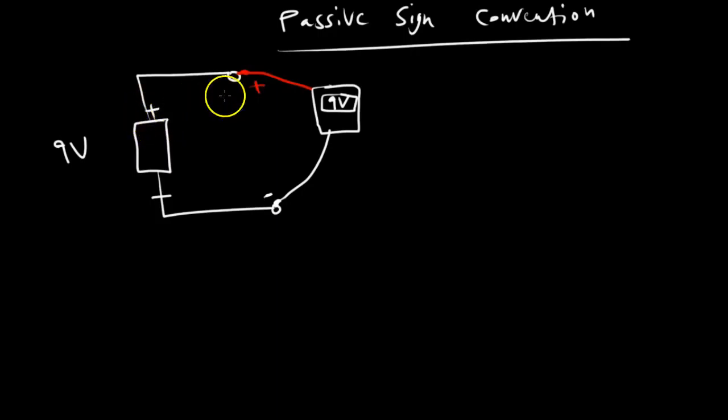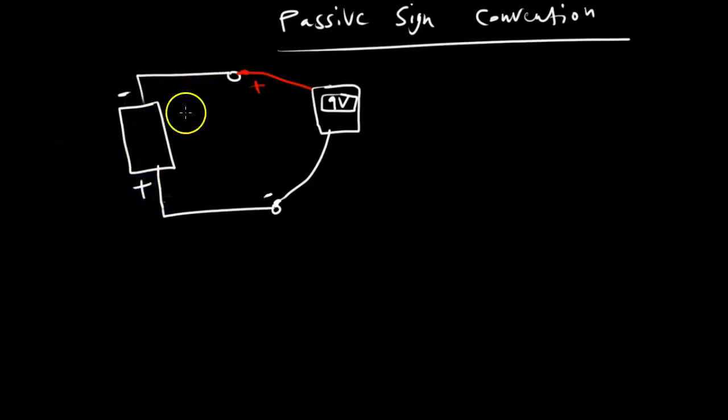That makes sense. If you go to the laboratory, we can verify that. And if we flip the polarity of the battery, what we're going to read now is negative 9 volts. That's what you're going to see up here.